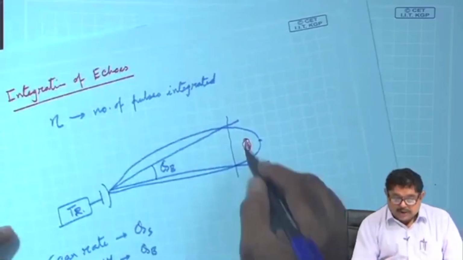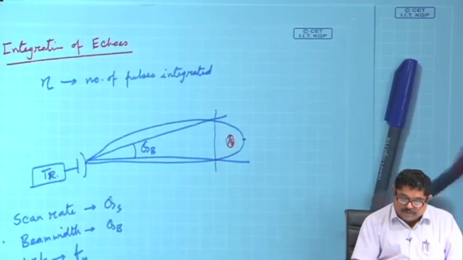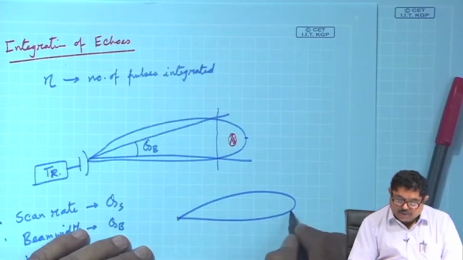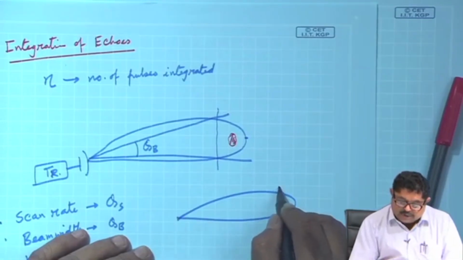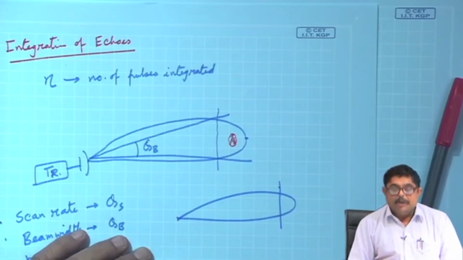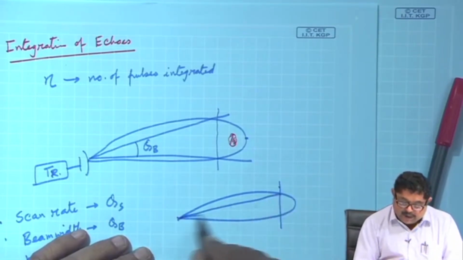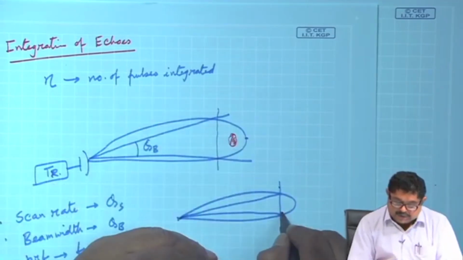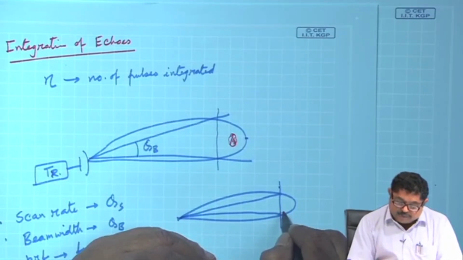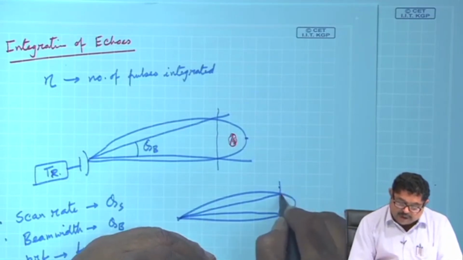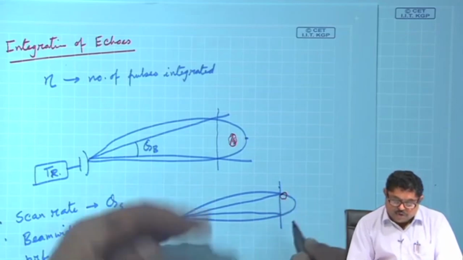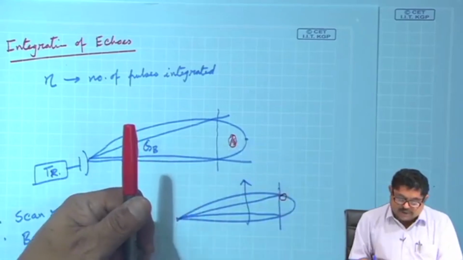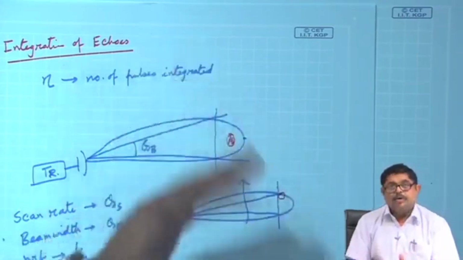Why is that required? Because, let me draw another picture. Suppose this is the beam width, that means this angle, and suppose as the radar is scanning, there is a target here. The scanning is going on in this direction, the antenna is scanning, so the beam is also moving.